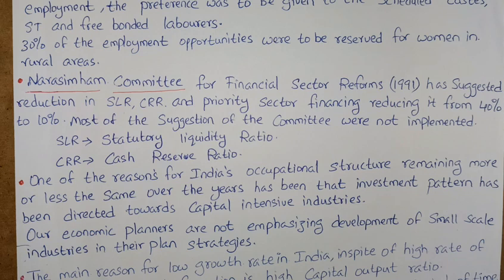So a certain amount is left over in the bank, and the remaining amount is diverted for loans. So the Narasimham Committee, as part of the financial sector reforms, has suggested it has to be reduced from 40% to 10%, and later on we can understand that this suggestion also was not implemented by the government.